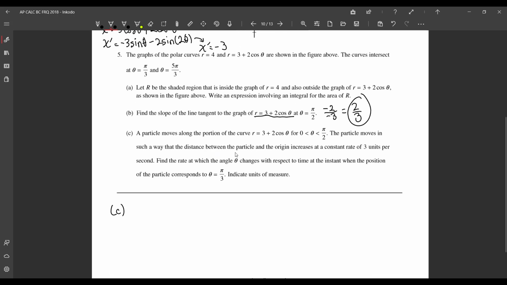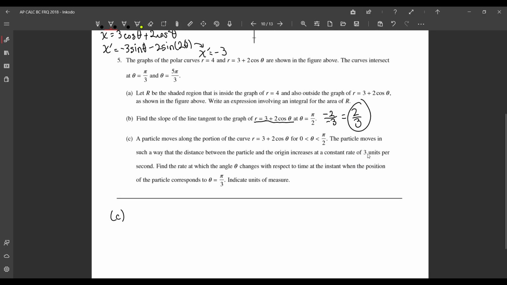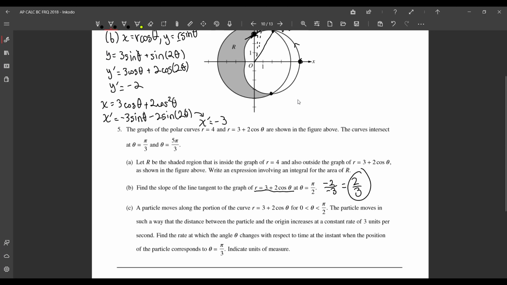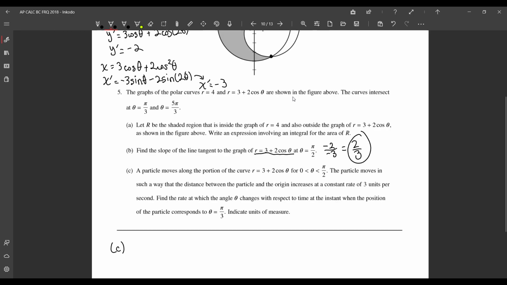The distance between the particle and the origin increases at a constant rate of 3 units per second. Find the rate at which the angle theta changes with respect to time.